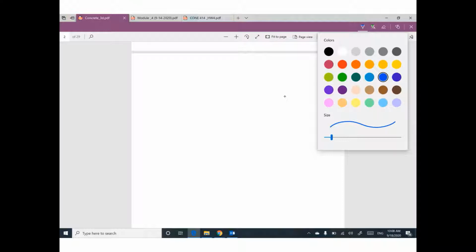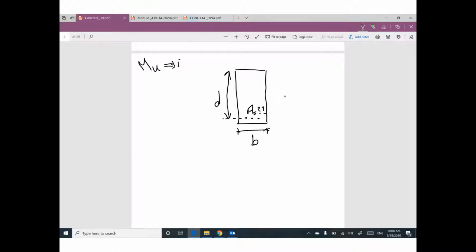Anyway, if you have a cross section and the area steel is unknown, we have B, we have D. So right now I'm talking about M ultimate is known.